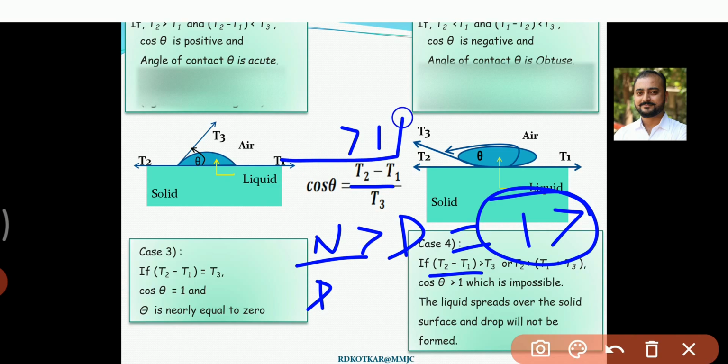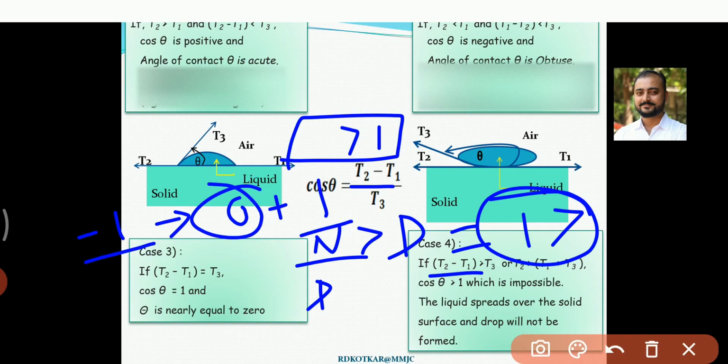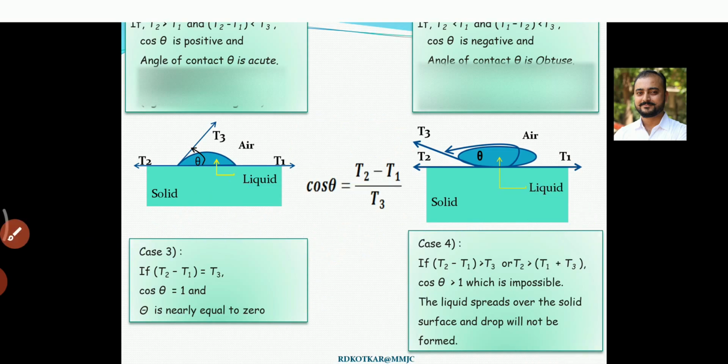And everyone knows that cos has a value between minus 1 and plus 1 through 0. The value of cos theta lies between minus 1 and plus 1. There is no value of cos theta greater than 1.